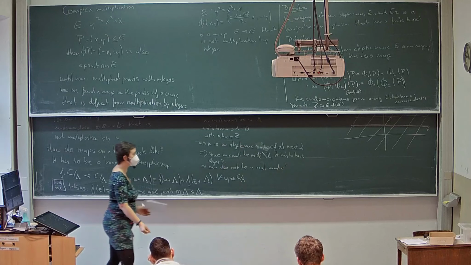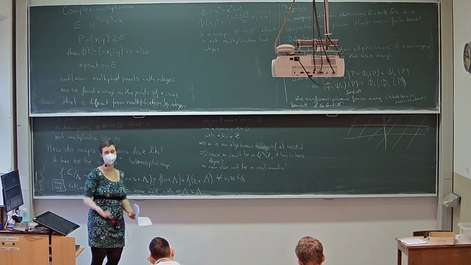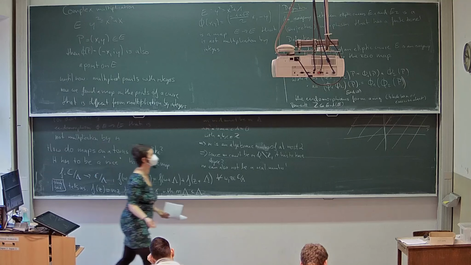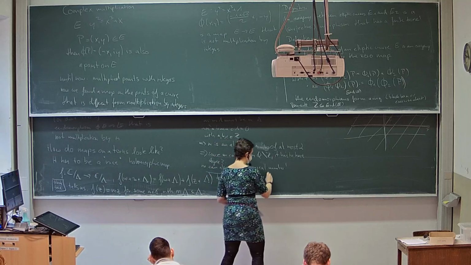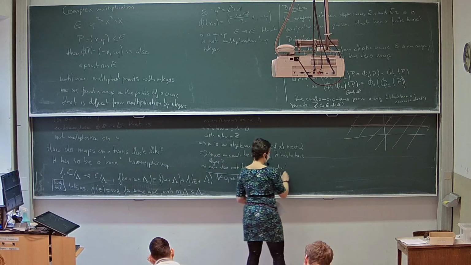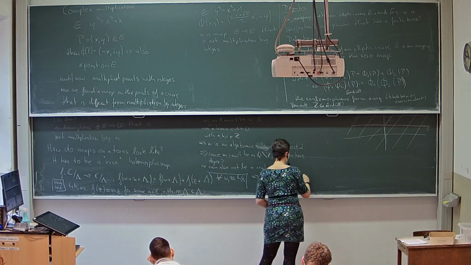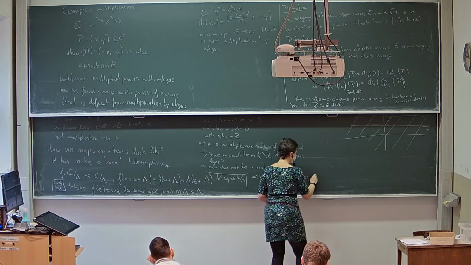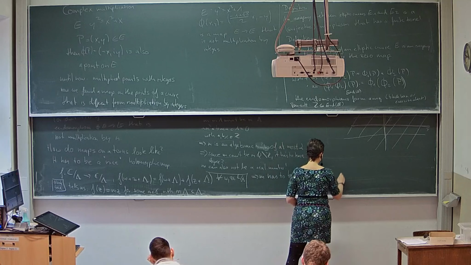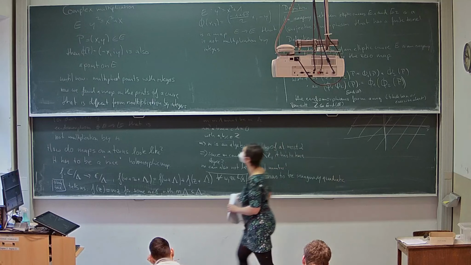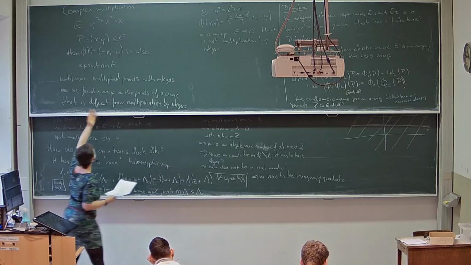So actually, m has to be a quadratic imaginary number. So that's also what we see here.